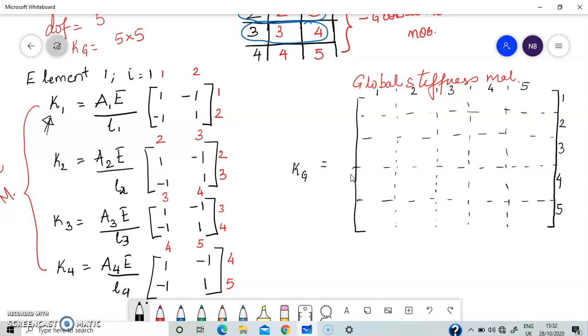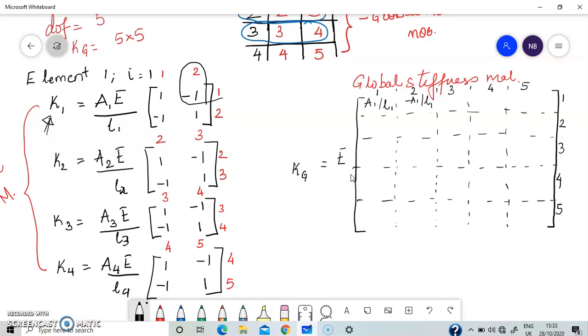Note that in all these matrices there is only one term common, and that is E, Young's modulus. The rest of the terms are varying. So here if we take A1 upon L1 inside this matrix, we will get A1 upon L1. So I am going to write here A1 upon L1. In the first row and second column, I have minus A1 upon L1.